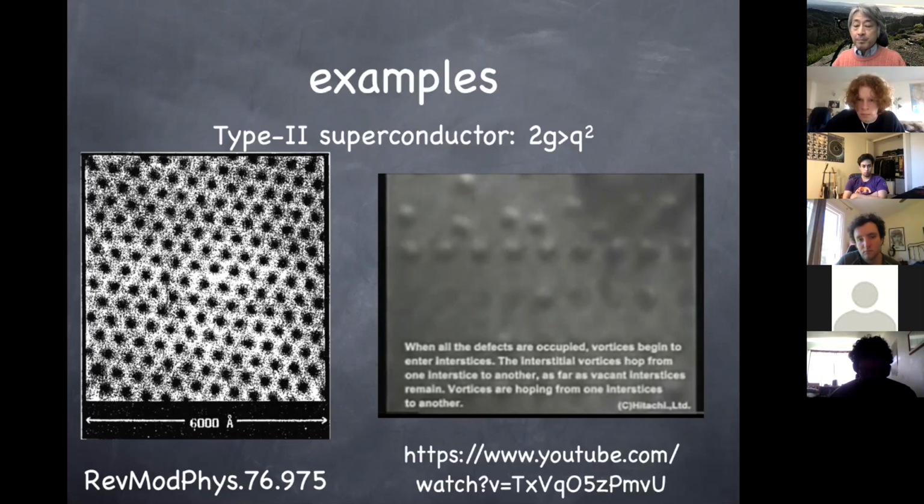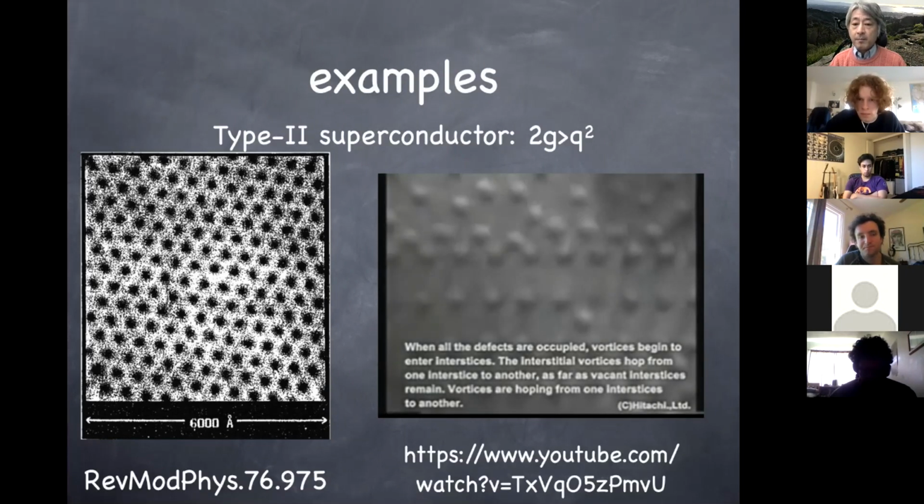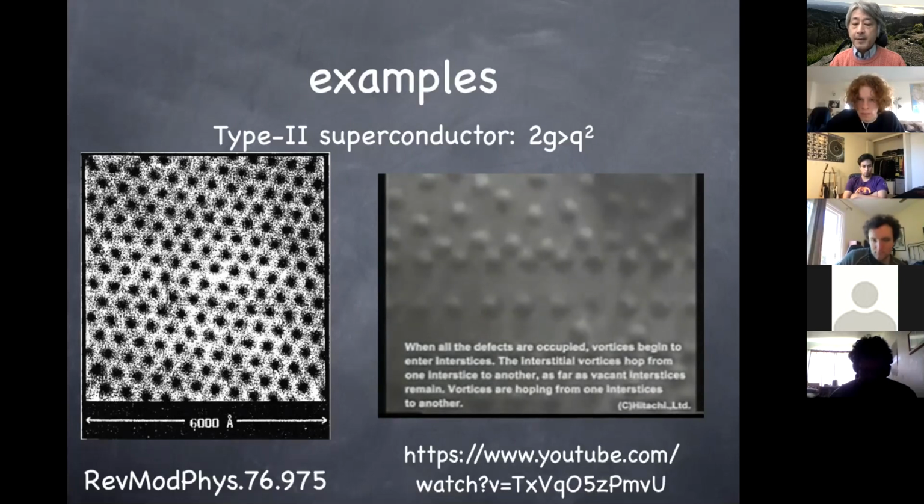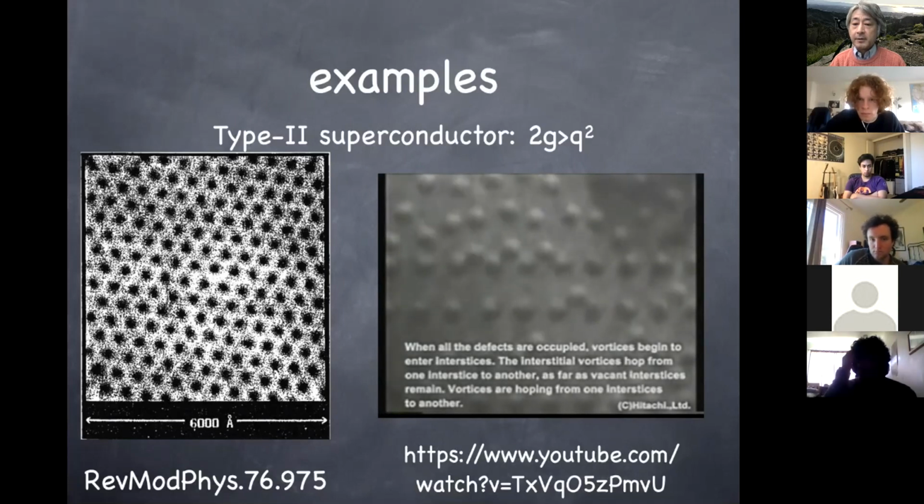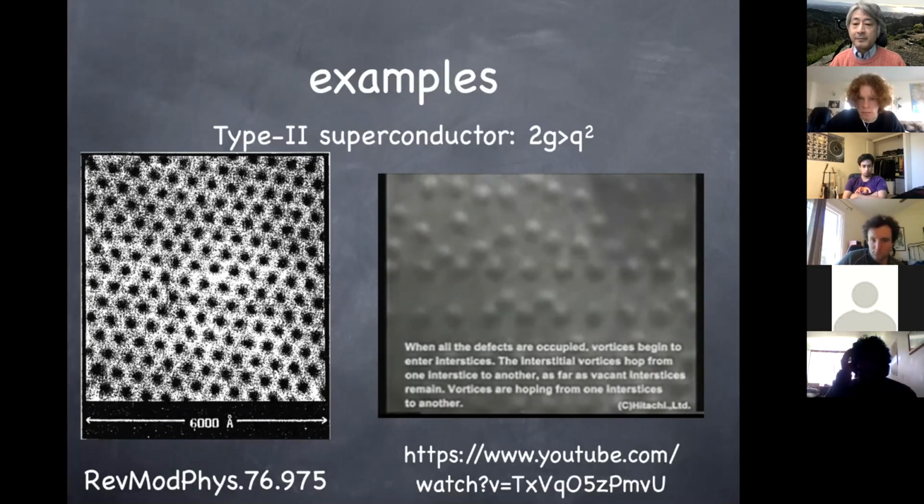When all the defects are occupied, vortices begin to enter interstices. The interstitial vortices hop from one interstice to another as far as vacant interstices remain. Vortices are hopping from one interstice to another.